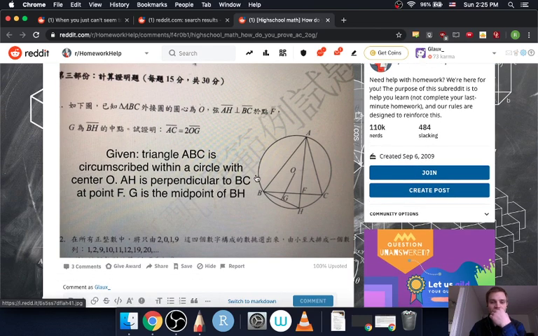Oh, this is a tough one. All right, given triangle ABC, so ABC is circumscribed with a circle with center O. AH is perpendicular to BC, okay, at point F. G is the midpoint of BH.